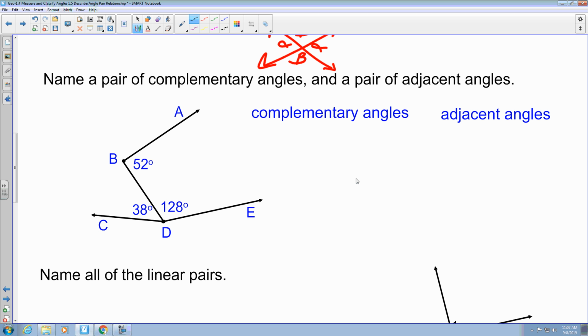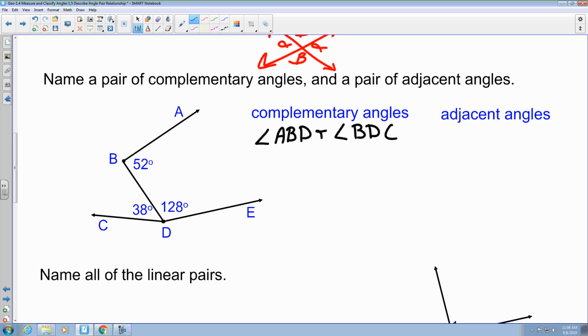Complementary angles, by definition up top, are anything that adds up to 90 degrees. Well, I look at 38 and I look at 52, that adds up to 90. So I can say that angle ABD and angle BDC are complementary.